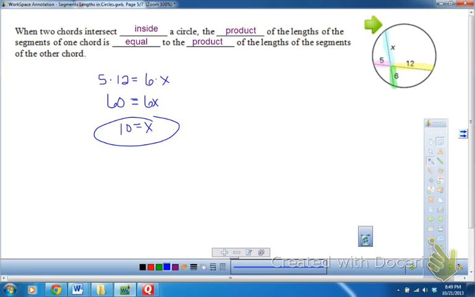And notice that the two chords are not equal to each other, but their parts are comparable. And we're going to look at this further by showing that if you were to create some arbitrary lines here and here, what you would end up with is some similar triangles.